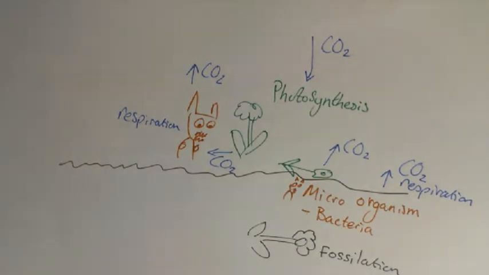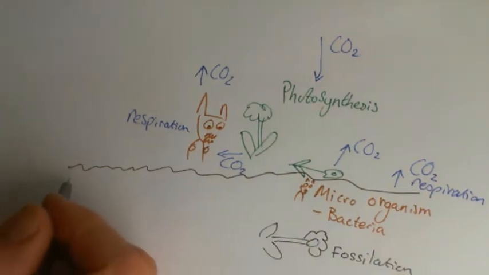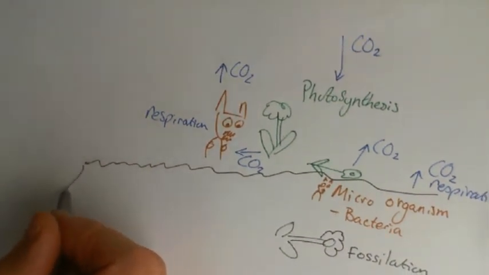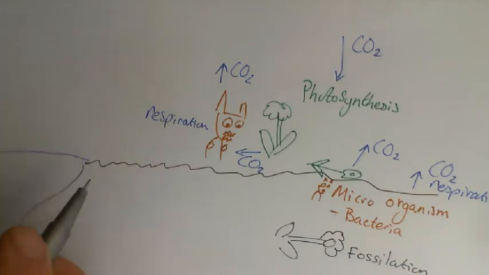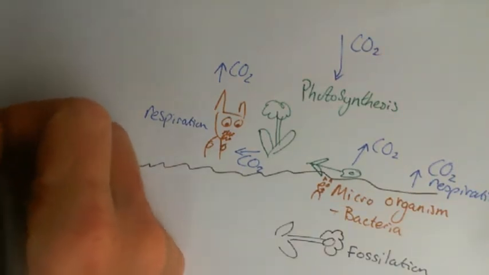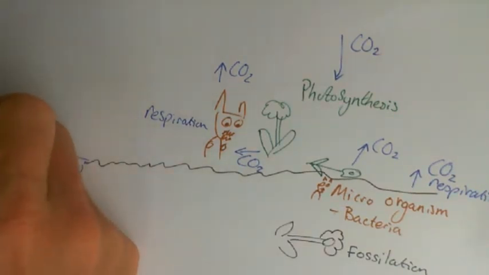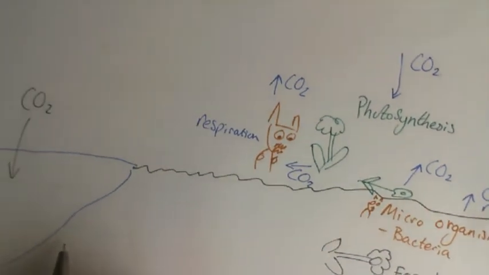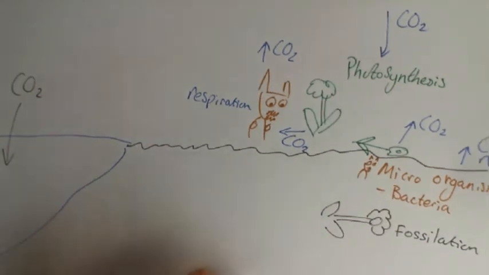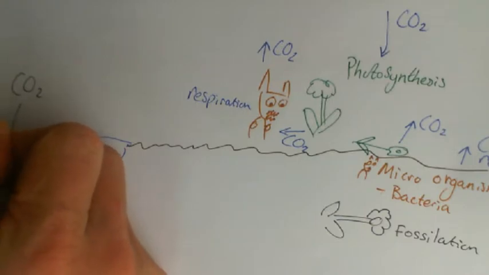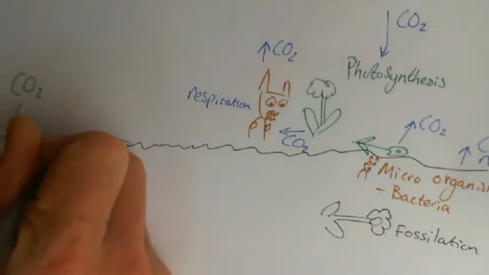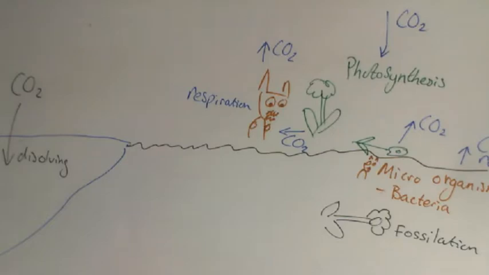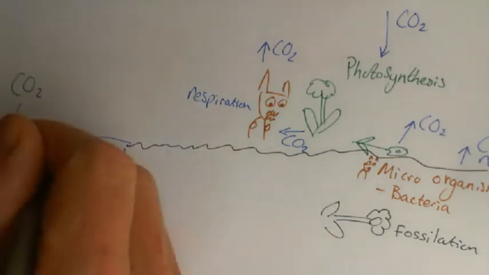There's one other place where the carbon dioxide in the atmosphere can go to, which I haven't mentioned yet, and that is oceans. CO2 can go into oceans in a process called dissolving, and equally, when the oceans heat up, they will give some of that CO2 back.